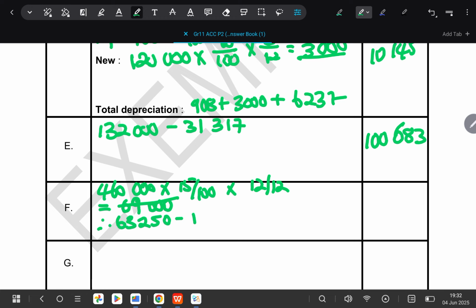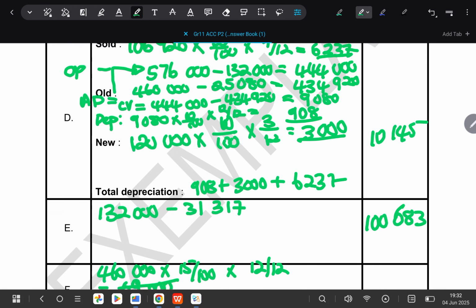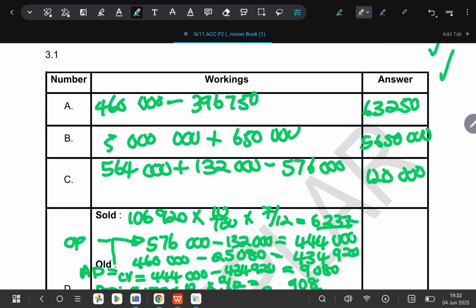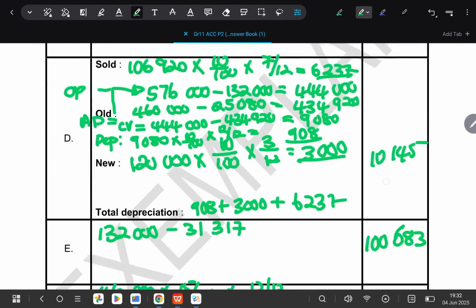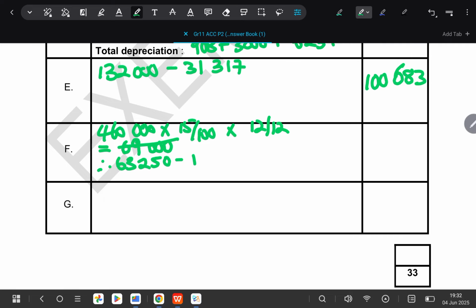You say 63,250 minus 1 rand, and it's going to give you 63,249. Then you're done with that part.